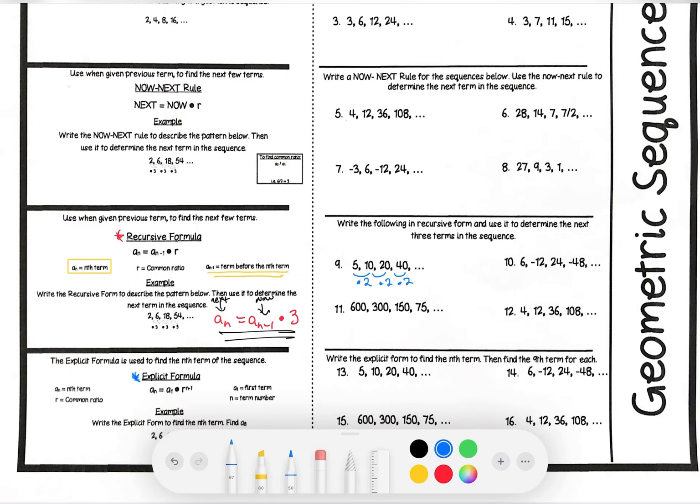So we know that our common ratio, we say r, is 2. So to write our formula in recursive form, we say a sub n equals a sub n minus 1 times 2. And we're done with it. What does that mean? Take our now times 2 to get our next. That's all it means.